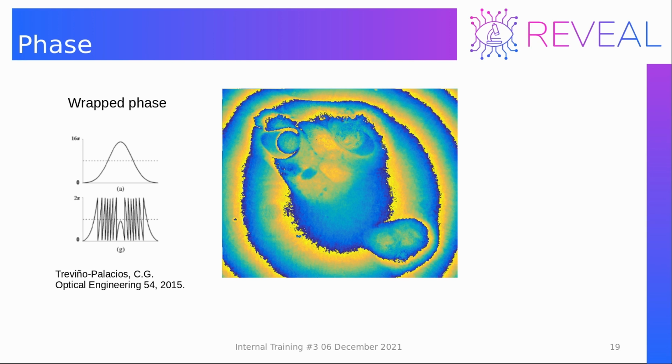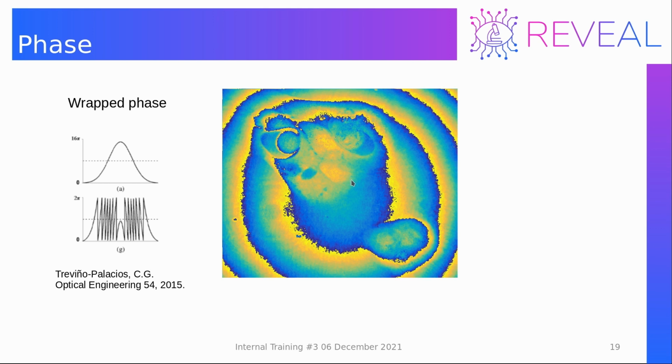You can see that there are these discontinuities here. This distribution is not continuous. There are these jumps here, and these jumps are due to phase wrapping. There is nothing we can do about the phase wrapping. It will always be present when we calculate the inverse Fourier transform.